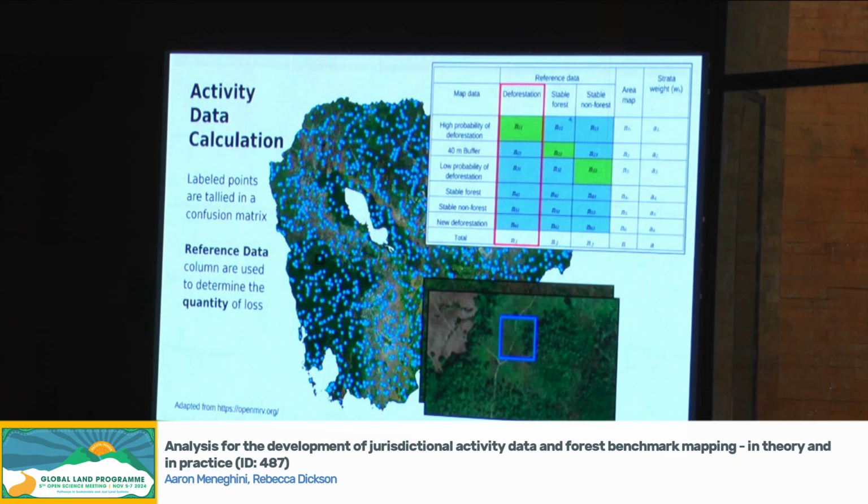You're going to then use the reference data for the deforestation column to tabulate how much deforestation is present in your jurisdiction. The FCBM, or whatever stratification map that you used, will impact the strata weight in that final column there in that confusion matrix. This is how we arrive at the quantity of loss in a jurisdiction.